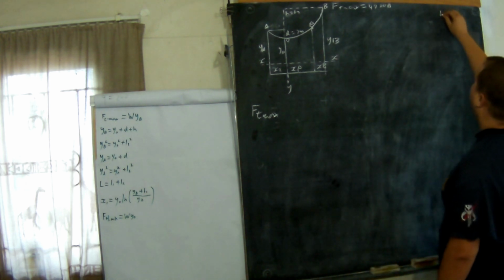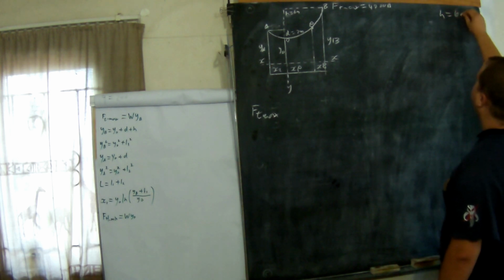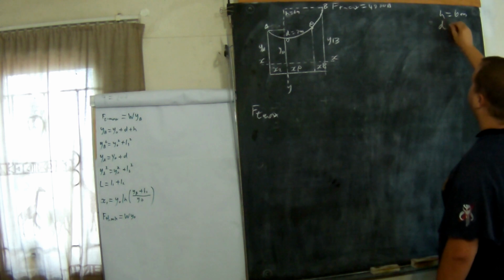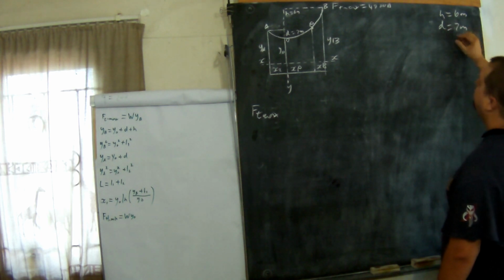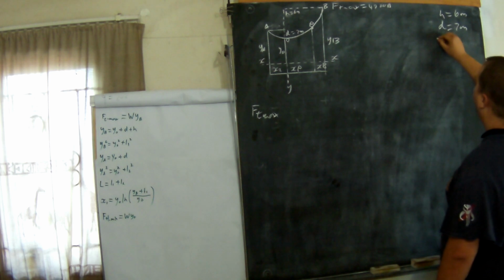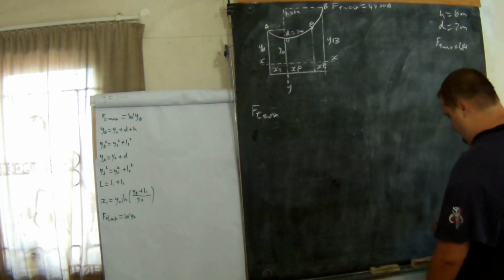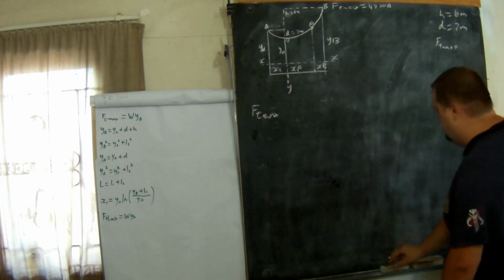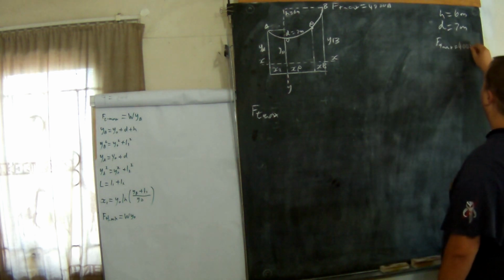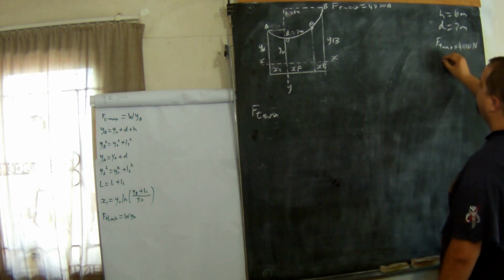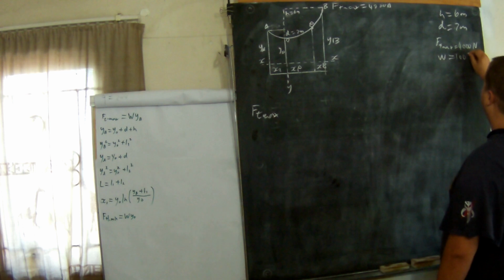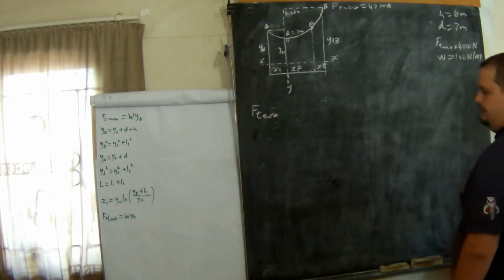H equals 6 meters, D equals 7 meters, Ft max is 4,000 newtons, and the weight W is 100 newtons per meter.